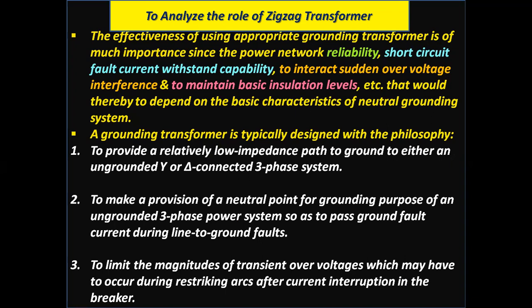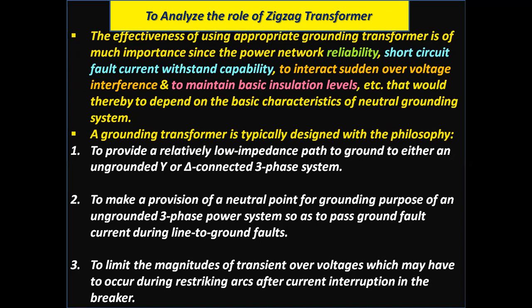The effectiveness of using an appropriate grounding transformer is of much importance since the power network reliability, short circuit fault current withstand capability, ability to withstand certain overvoltage interference, and maintaining basic insulation levels, etc., depend on the basic characteristics of the neutral grounding system.